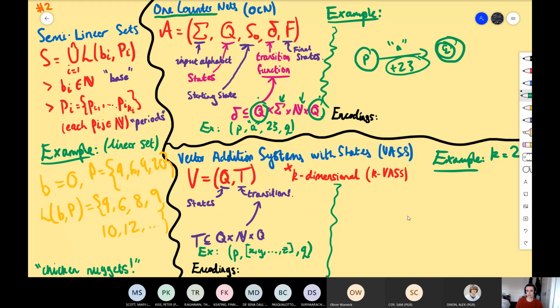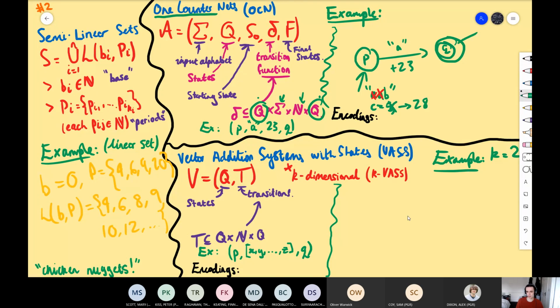I'll call this value the counter update. So imagine coming into state P, you had this word, and you would have read the first letter. You could take this transition reading the second letter, and if your counter, let's call it C, was equal to 5, after taking this transition, it would now be updated to 28. I hope this makes sense.